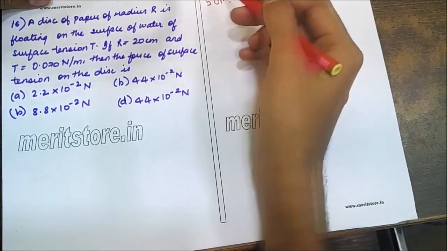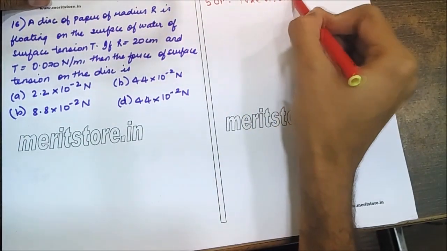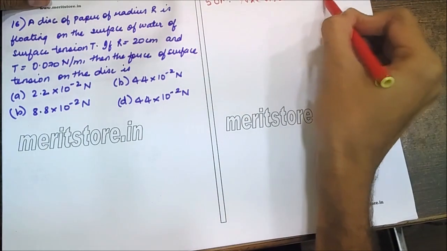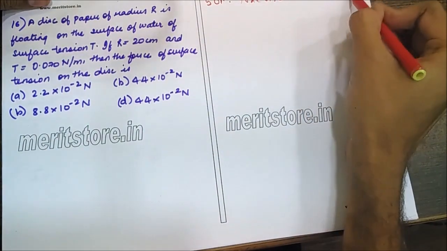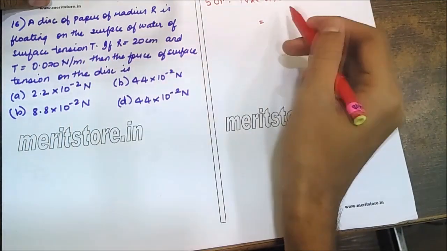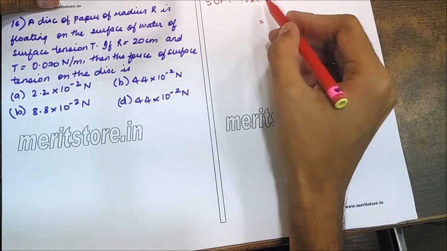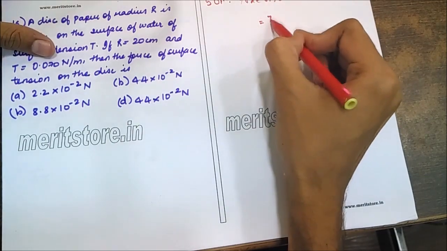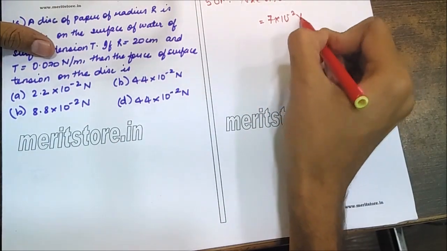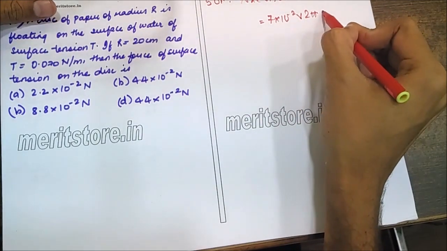So we know that the force on the disc is equal to T into the circumference of the disc, where T is the surface tension. So we have 7 into 10 to the power minus 2 as the tension, into the circumference, that is 2 pi r.